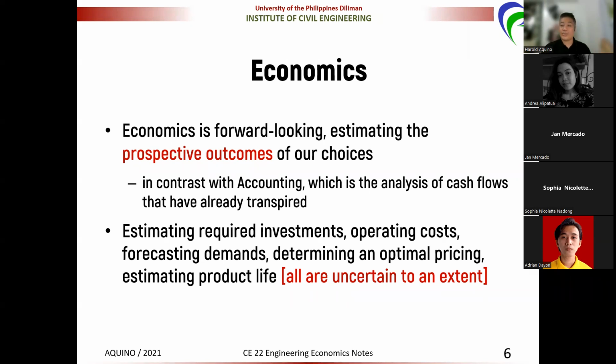And in economics, estimating product life is also a concern. These are all uncertain to an extent, so there is a large amount of uncertainty involved. Also, unlike accounting, economics does not really work with a deterministic perspective.